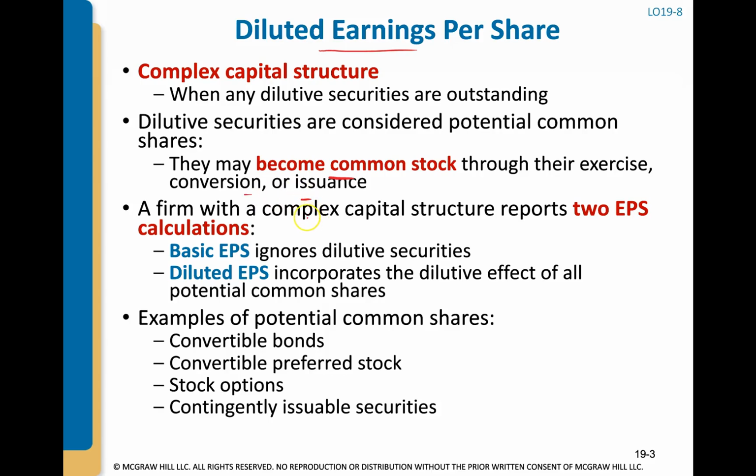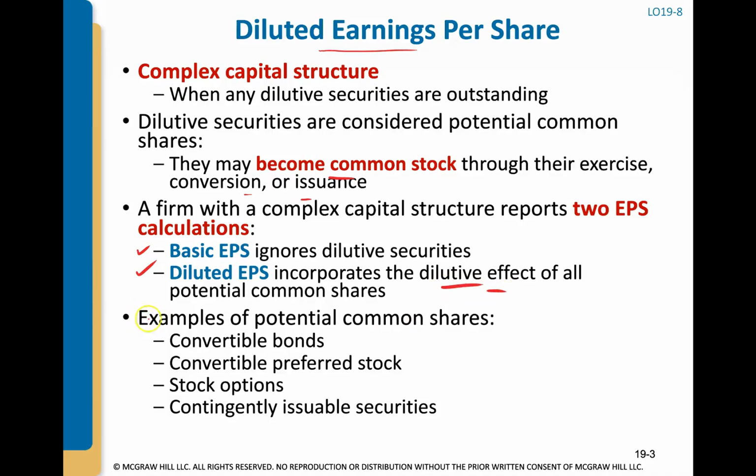Any company that has a complex capital structure is required to report two different earnings per share. They're required to report their basic earnings per share, which ignores all these dilutive securities. And they have to report their diluted earnings per share, which incorporates basically all of the dilutive effects.